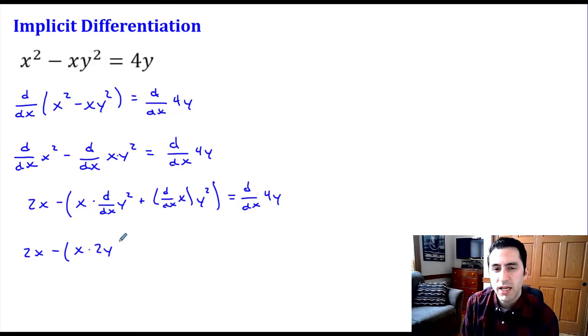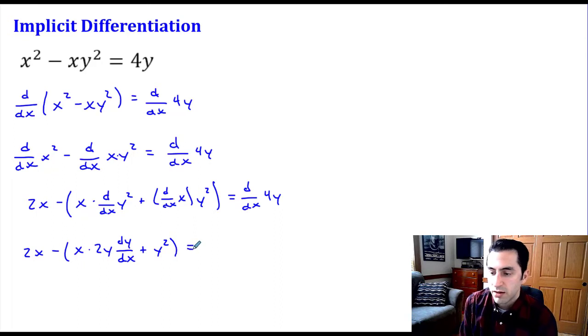But since I'm taking the derivative with respect to x, I include dy over dx to indicate that. In my second part, the derivative of x is just equal to 1. Since it's the variable x, we don't need to include dy over dx, so we just end up with 1 times y squared.